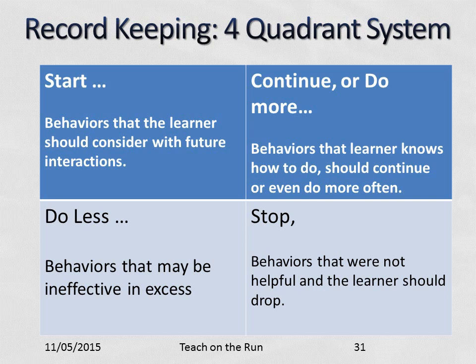The first quadrant refers to start, behaviors that the learner does not demonstrate but should consider starting or adopting in the future. The next quadrant, continue or do more, refers to behaviors that the learner should continue or do more of. Behaviors that the learner should do less are under the do less quadrant, and stop refers to behaviors that were not helpful and the learner should consider stopping.